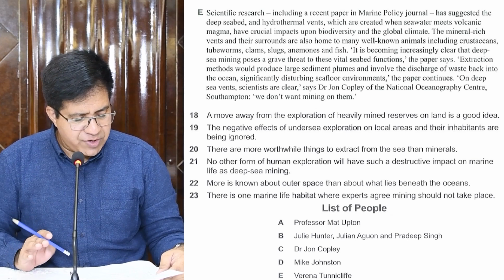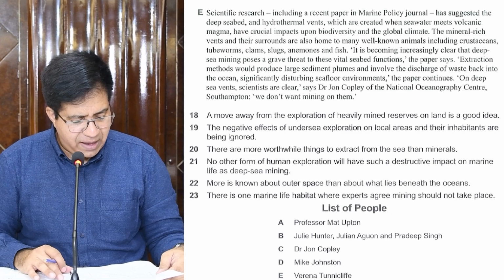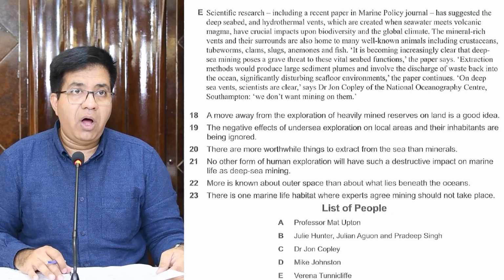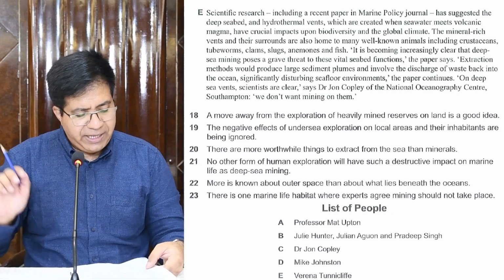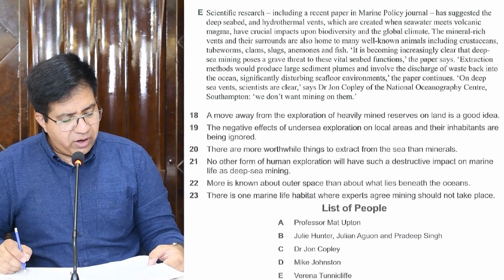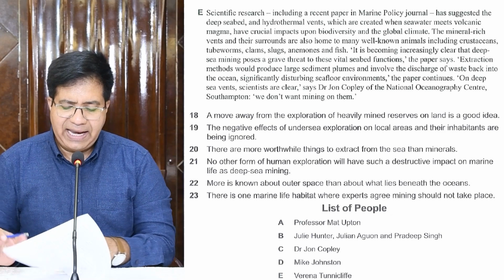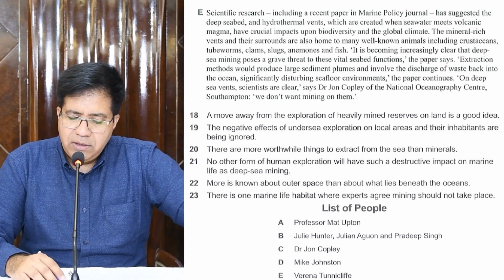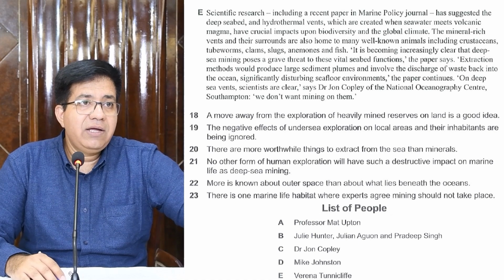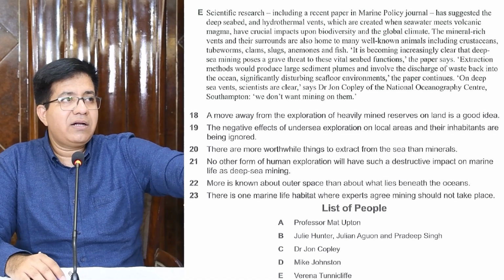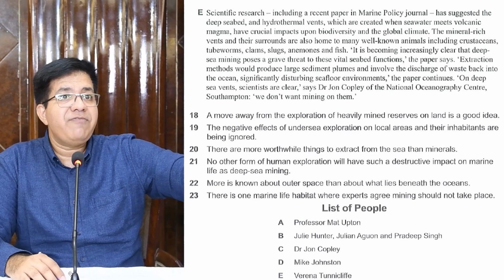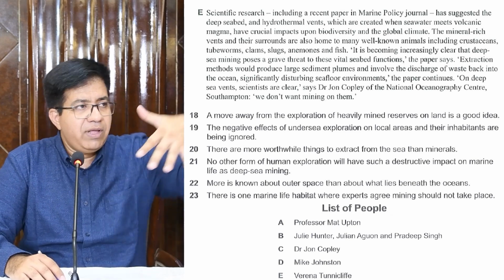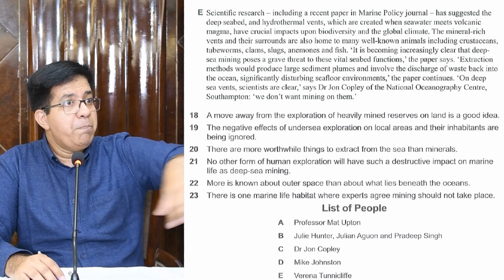Question number 23. There is one marine life habitat where experts agree mining should not take place. Okay, now please tell me what is the word for there is one marine life habitat. Now which is that marine life habitat? Deep sea vents. Within the sea, there are caves. They are called deep sea vents. If you see something like a documentary about sea, when they go down, there are some caves, big caves.